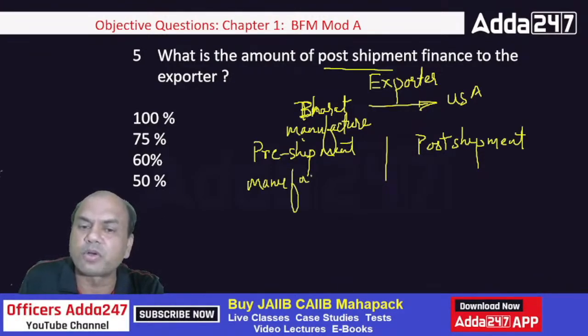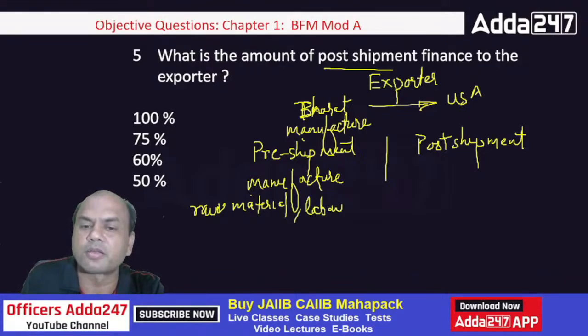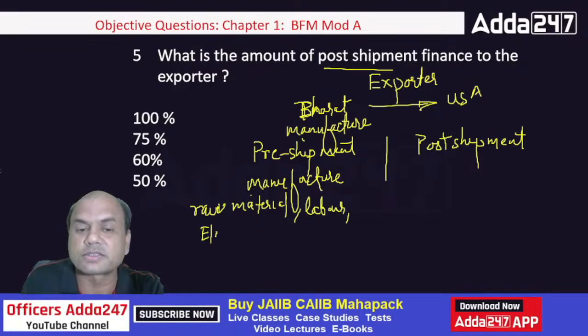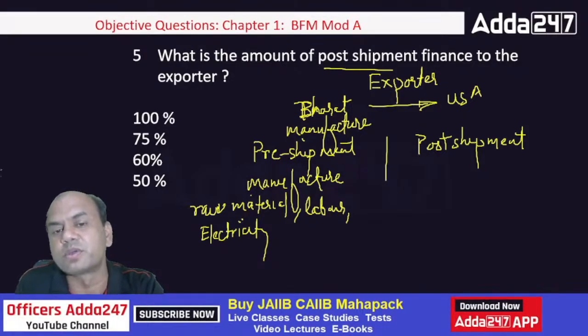Manufacture means all the raw material plus labor plus your running expenses, electricity, everything. Everything needed for manufacturing is used over here.